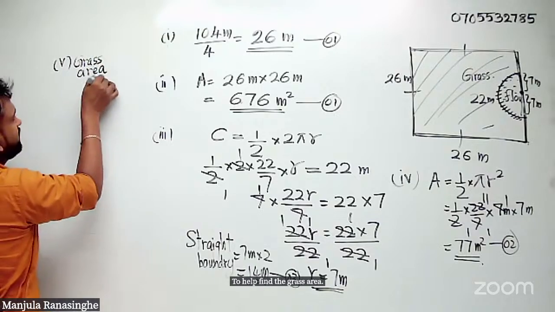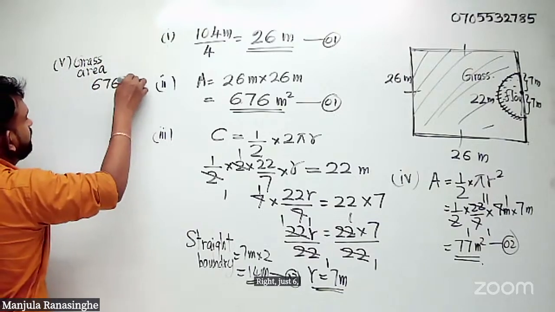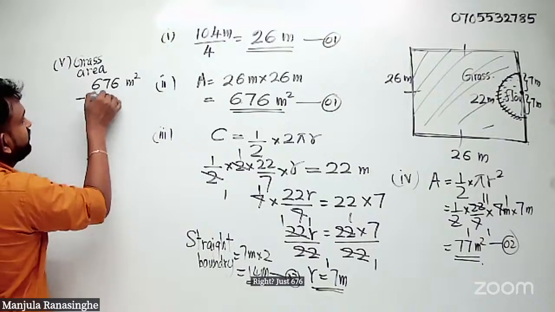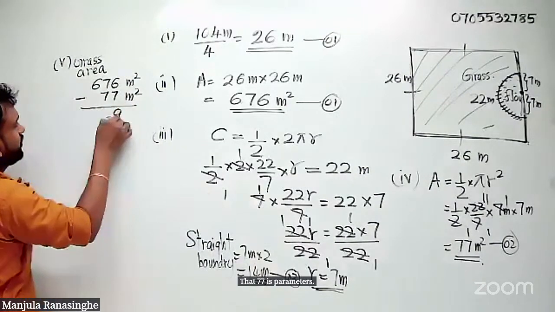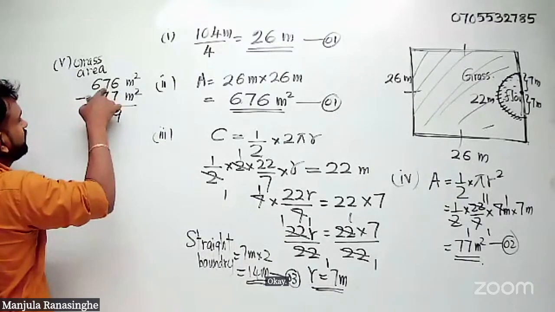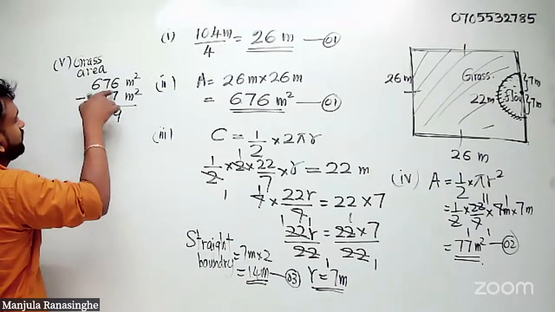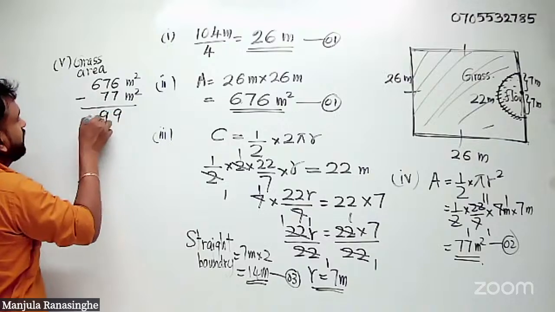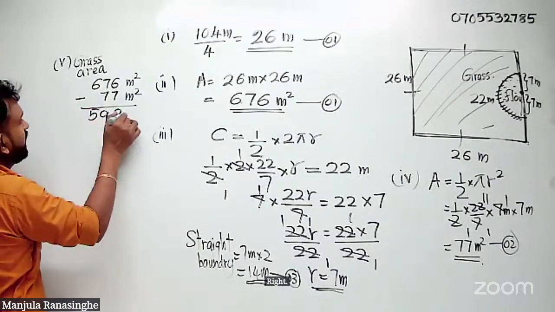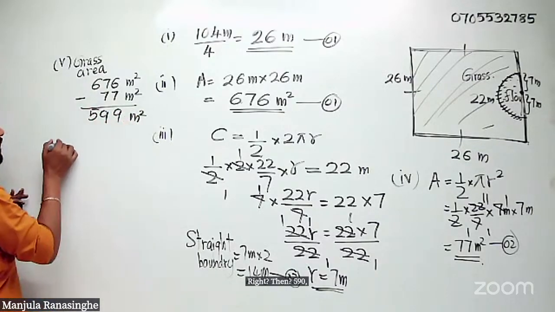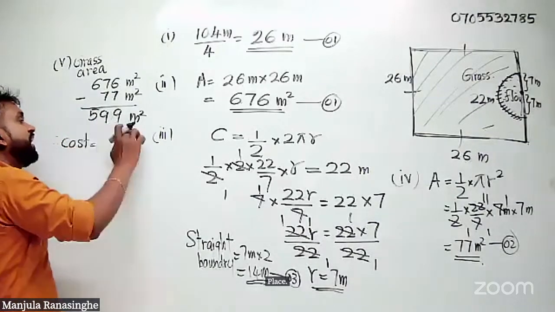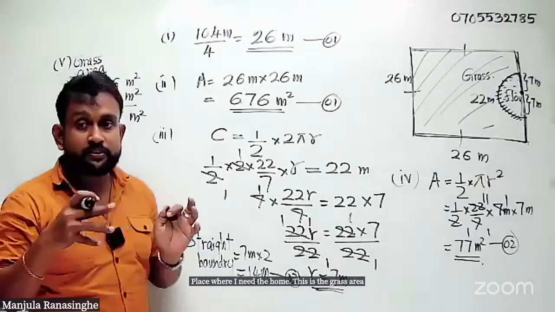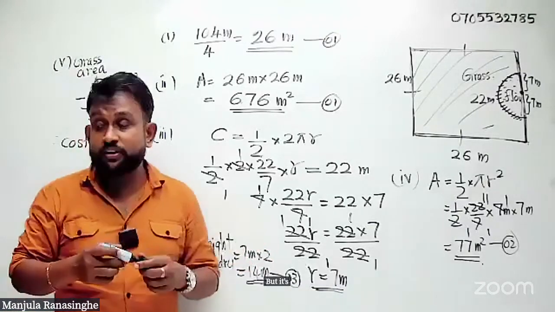Just 676 square meters subtract 77 square meters, then 599 square meters. Therefore, the cost per square meter, how much? This is the grass area, and per square meter it takes 200 rupees.